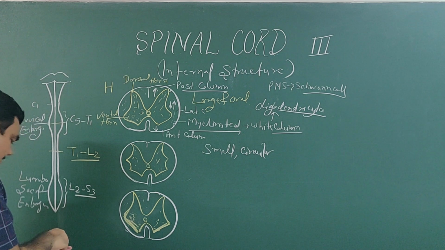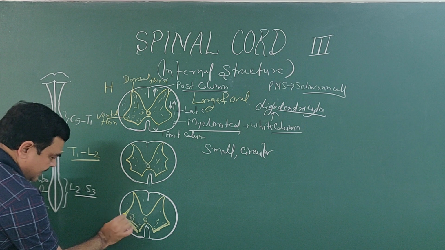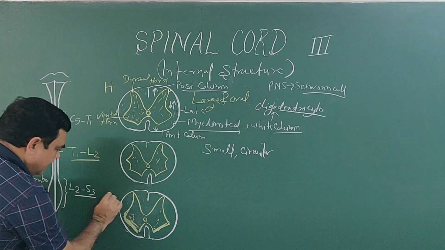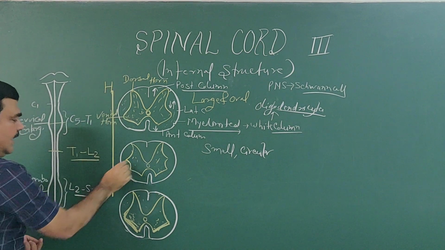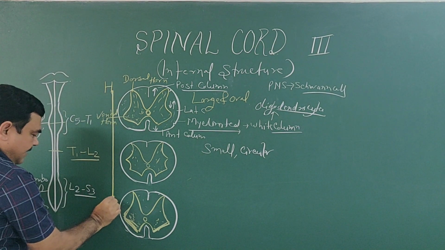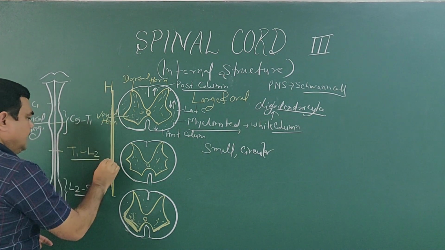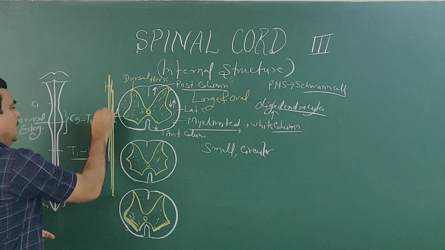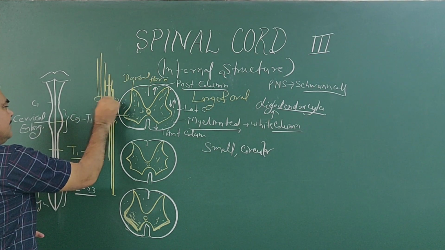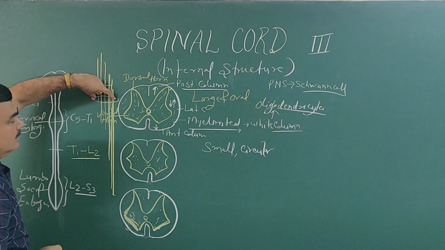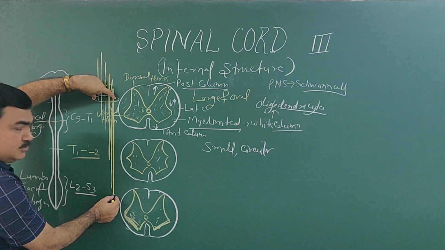Because if you see ascending fibers, they are present here in the posterior column. Ascending fibers go upward, and gradually in the upper region more and more fibers are attached. So in the cervical region, the number of ascending fibers is large in comparison to this.